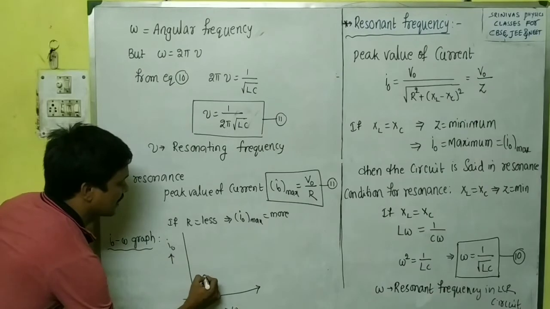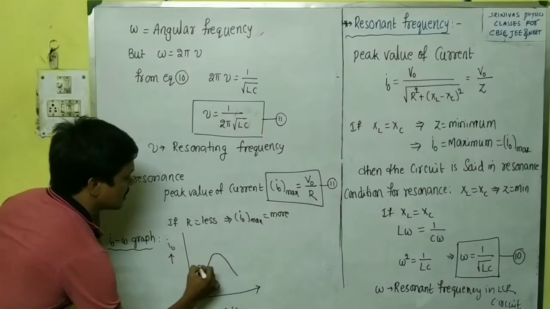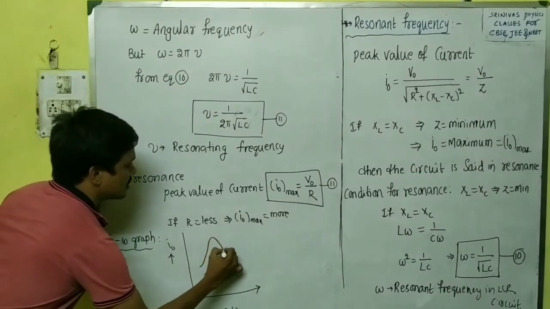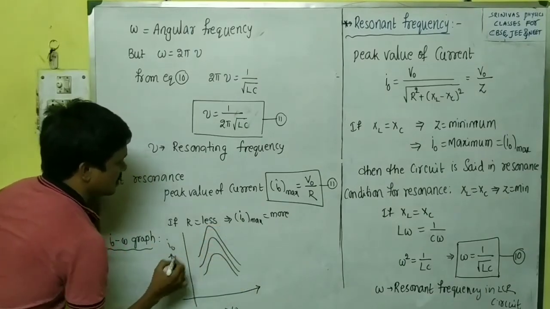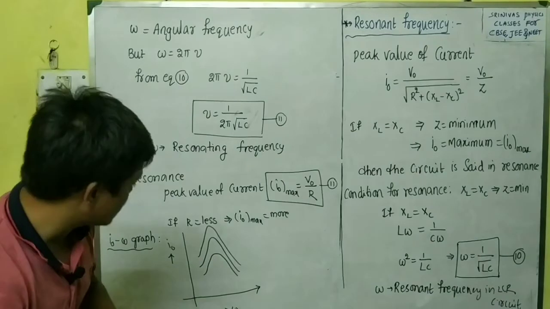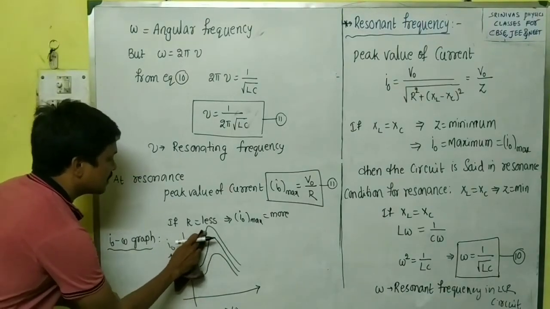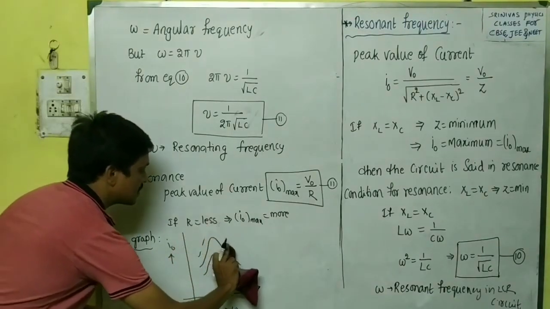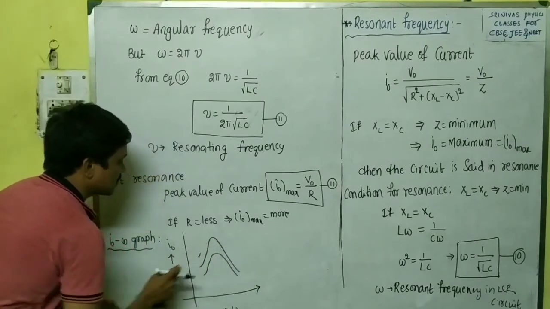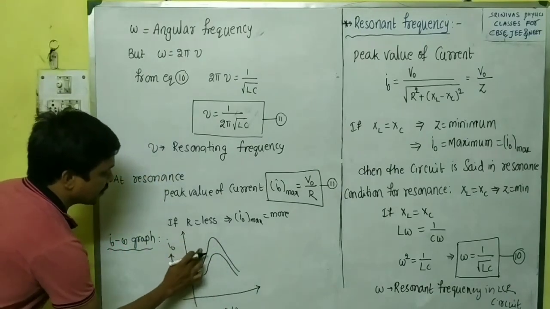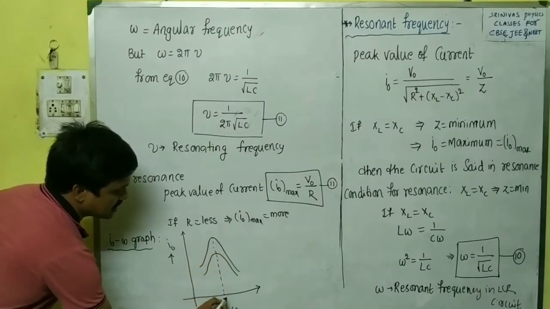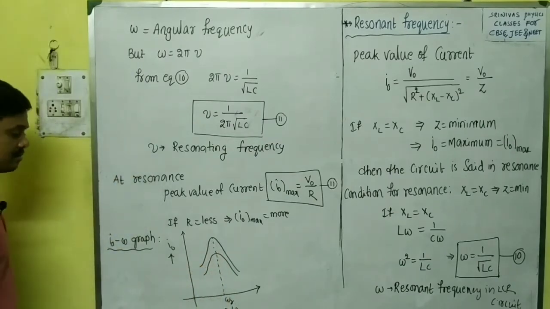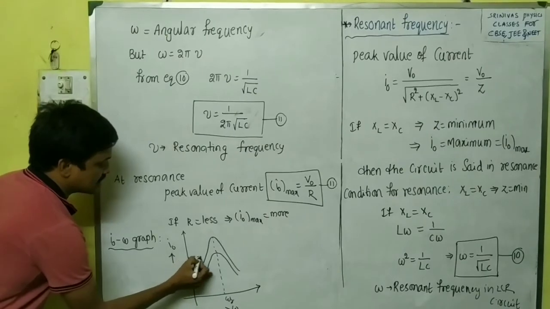We will get the graph like this. Only two curves we draw. This is the resonant frequency, where the current becomes maximum.